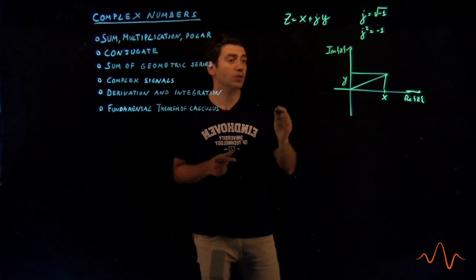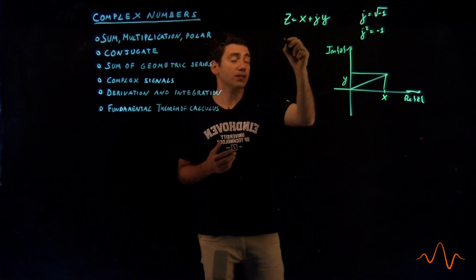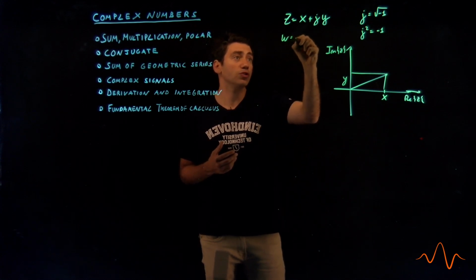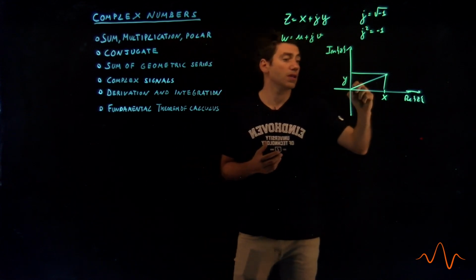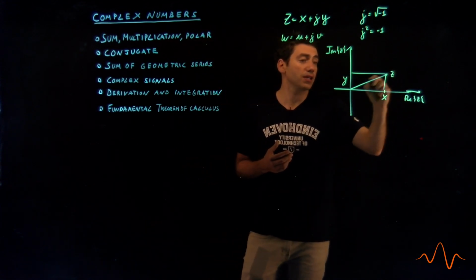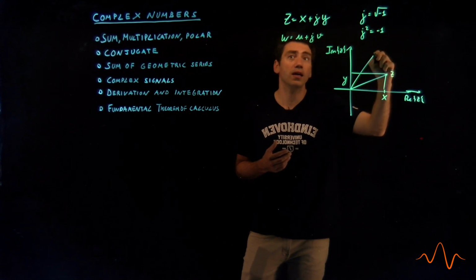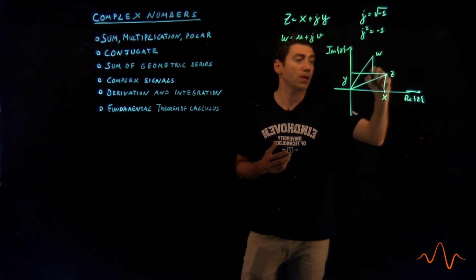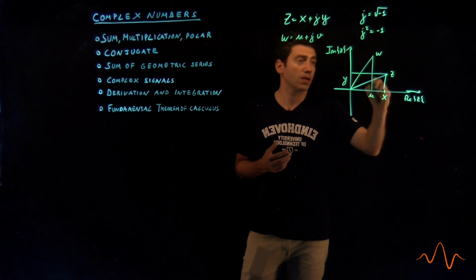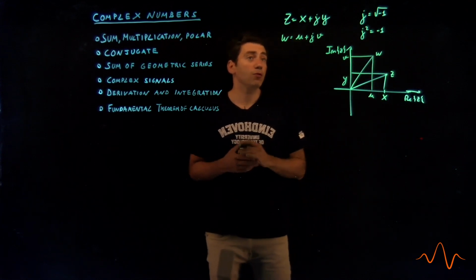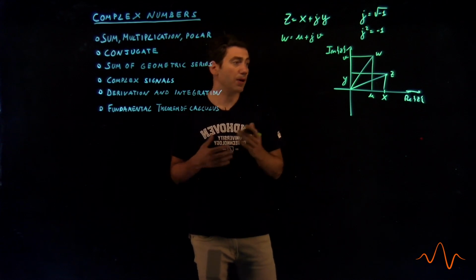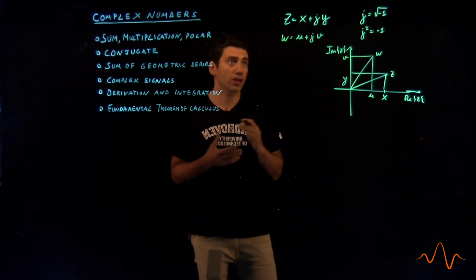Now, if we have another complex number, w equals u plus jv, say that we have here z, and this is w. If we want to add these two, it just amounts to adding the real and the imaginary parts.